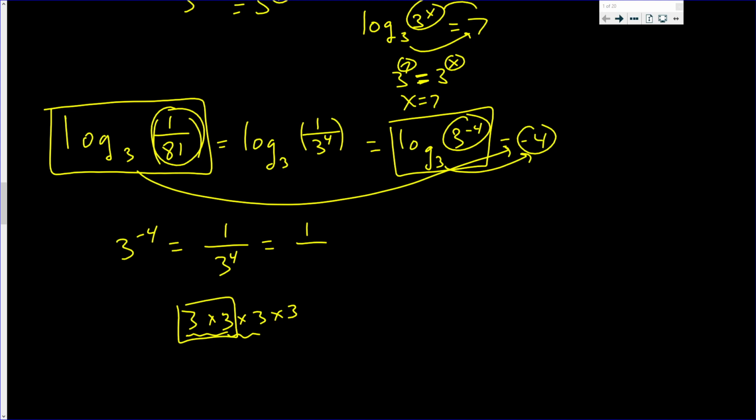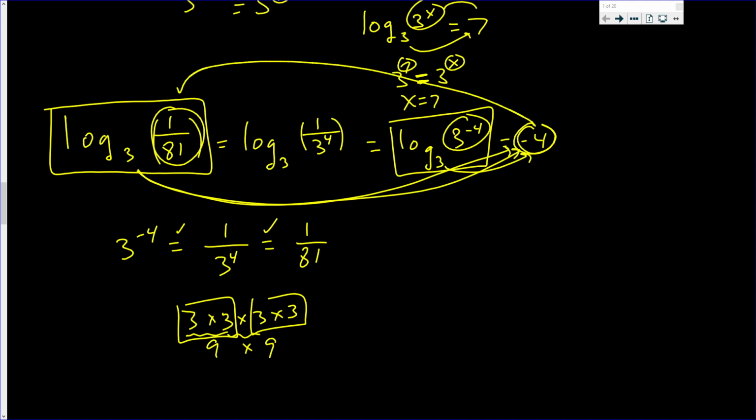Well, just think of it as 9 times 9. Oh, look at that. It is right. 3 to the negative 4 is 1 over 81. It really is. This is true. So our answer does equal 1 over 81.